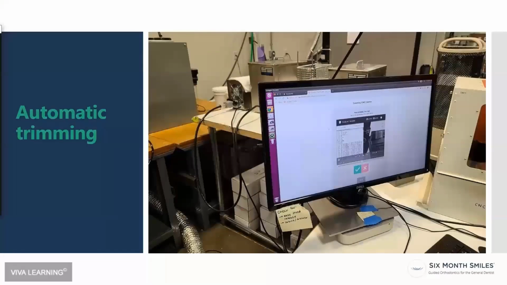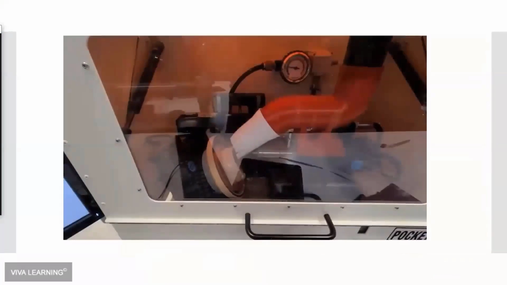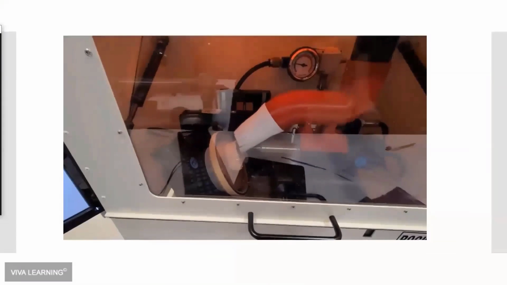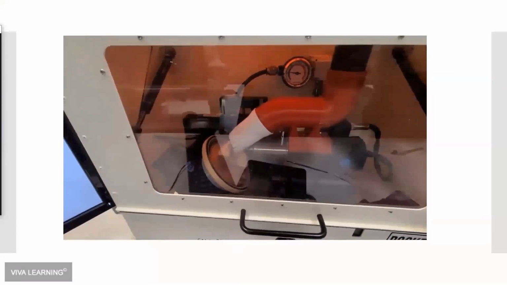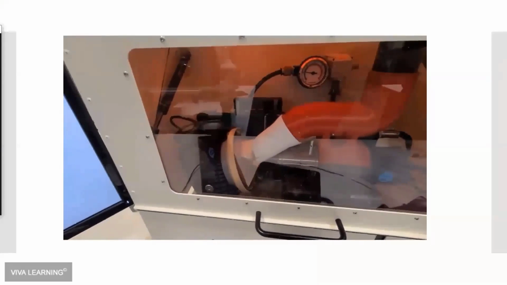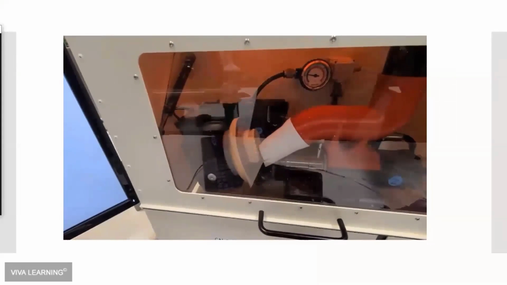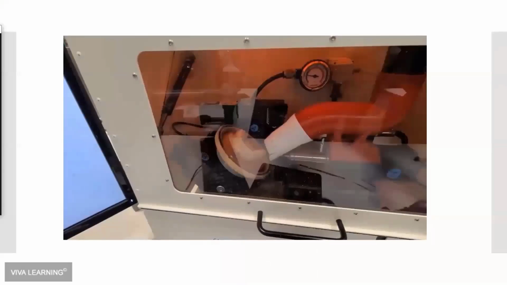This obviously reduces the human error because it's a machine trimming them, and the manufacturing issues should be reduced, and the quality of the trim and the smoothness of the aligner trimming edge is superior. So it's a great machine to have. Then they also get laser edge and laser marked, with all your patient's details. So obviously the branding and the aligner number, which is very, very good.